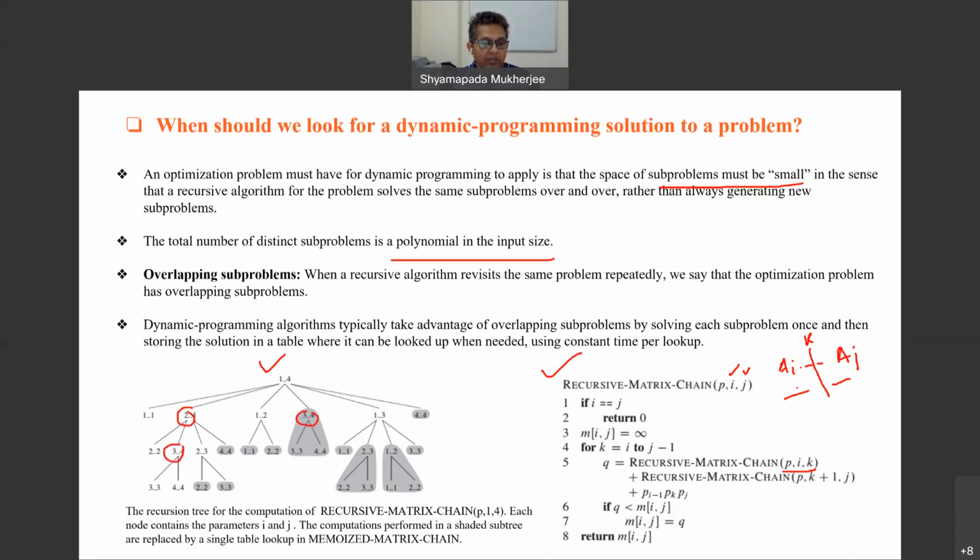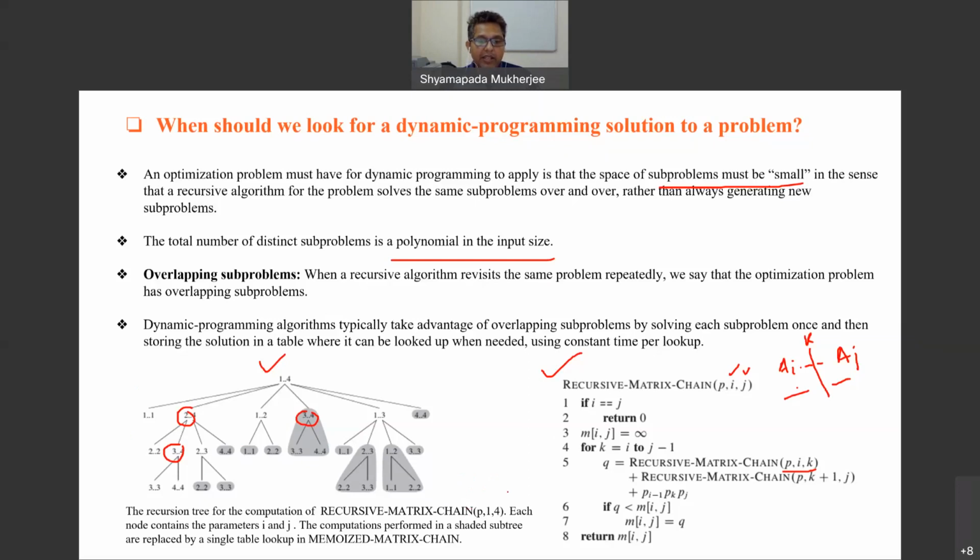The shaded parts of this tree show that they have already been solved in some step of this recursion, but they appear again in other subproblems. So if we use the recursive procedure, this tree will be very big, and the number of recursive calls will be exponential in terms of time complexity.